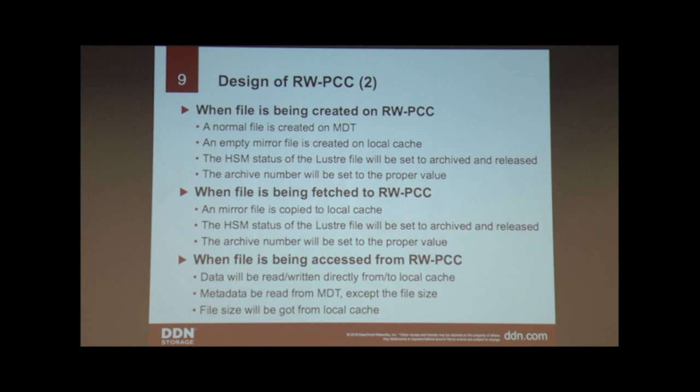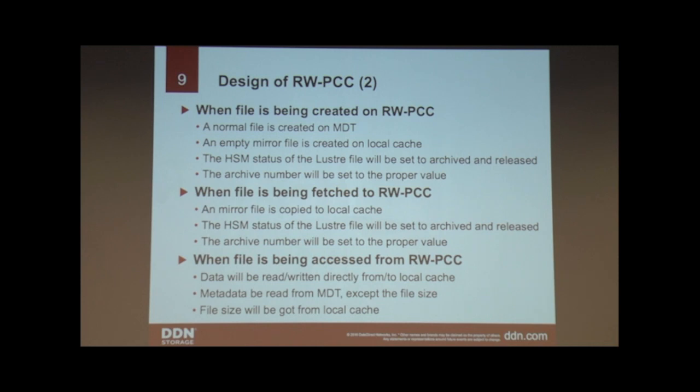The second situation is when the file is being fetched to read-write PCC, then similar things will be done. First, the PCC will copy a mirror file to the local cache, and the HSM status will be set to archived and released, and the archive number will be set to the proper value.